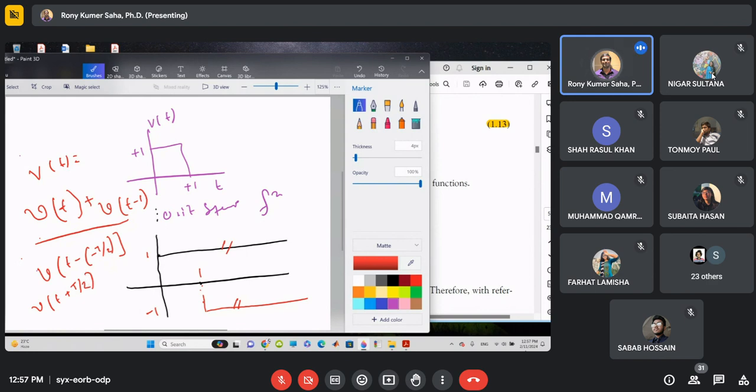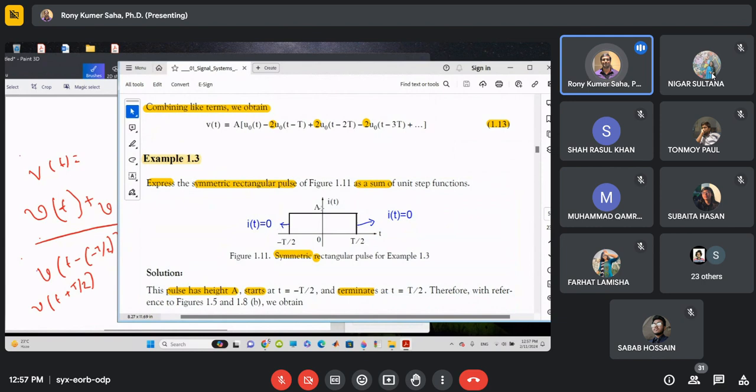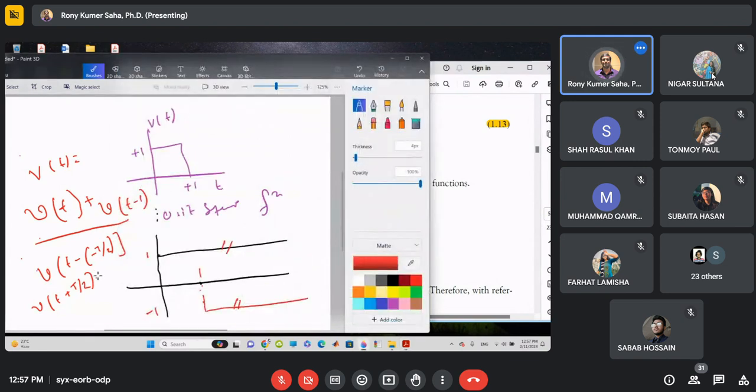And the second part is where it ends. Because one signal already started from here, the other will start from here, so only this part will be left. That's u of t minus t over 2. So this should be minus u of t minus t over 2. So this is the response of the signal.